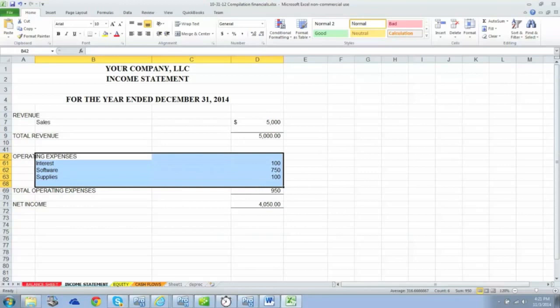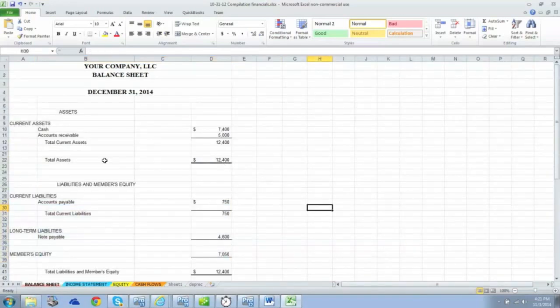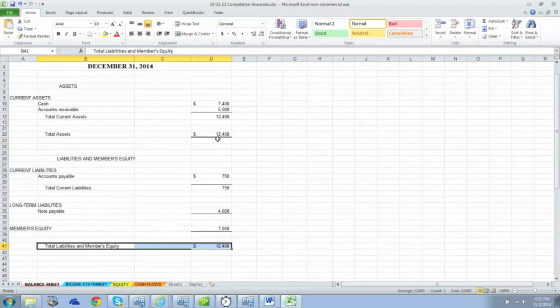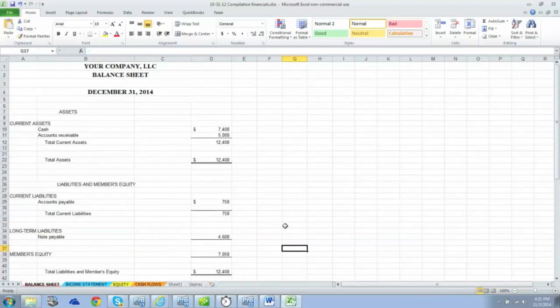Your balance sheet is called a balance sheet because it's always in balance. As you can see here, the assets always equal the total liabilities and equity, 12.4, 12.4. There are glitches sometimes in bookkeeping systems like QuickBooks, for instance, that will cause the two not to be equal. But I've reviewed probably thousands of financials, and I've only seen that happen just a few times.